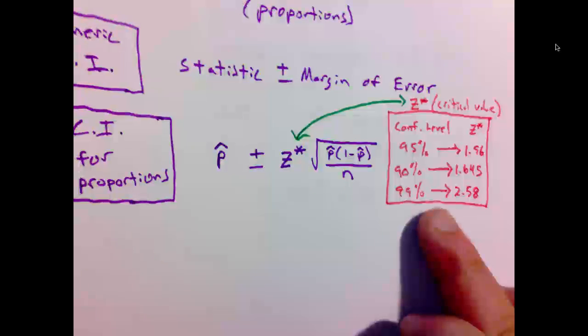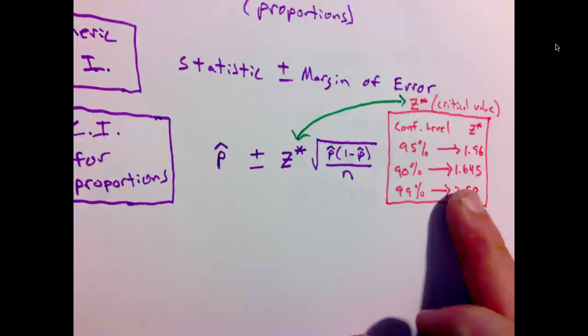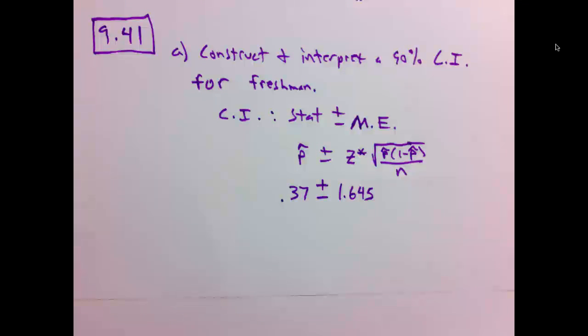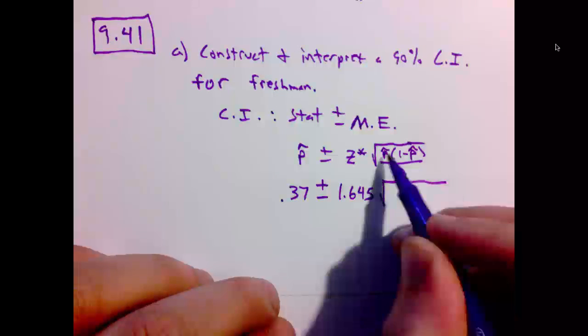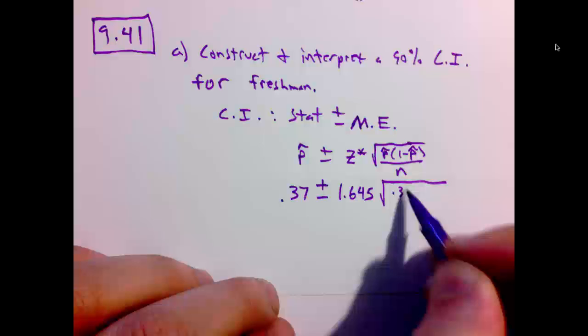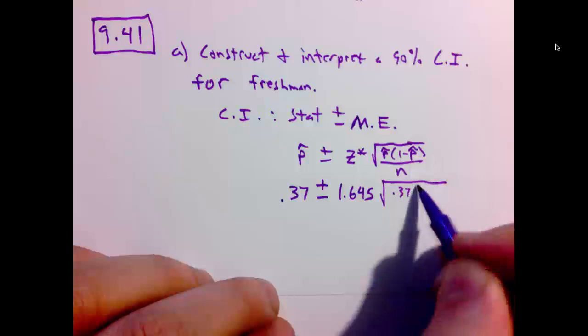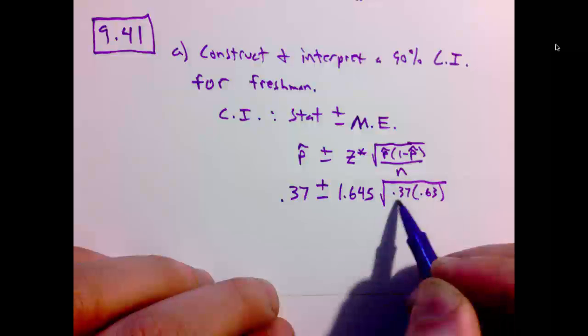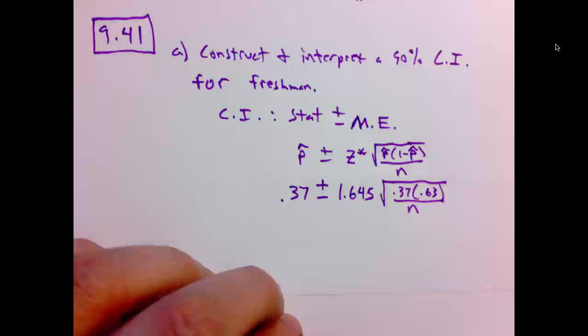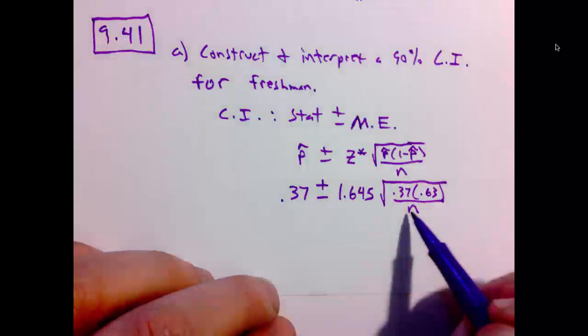Referencing that again, 90% is 1.645. Now p hat 0.37, 1 minus p hat, that's the complement, 0.63, divided by n, and n in this case says our sample size is 1,000.